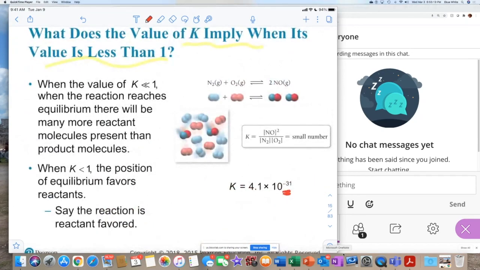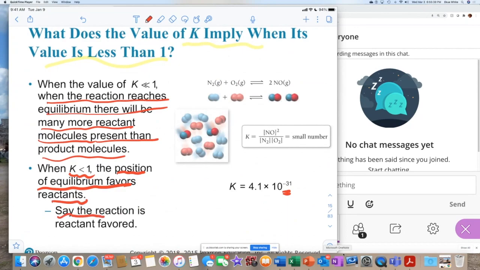They say that here: when the reaction reaches equilibrium, there are many more reactant molecules present than product. You do a roll call of the molecules, you will find more reactants than products, even at equilibrium. When K is less than 1, the position of equilibrium favors reactants. We can say the reaction is reactant favored because you happen to have more of the denominator measurement.